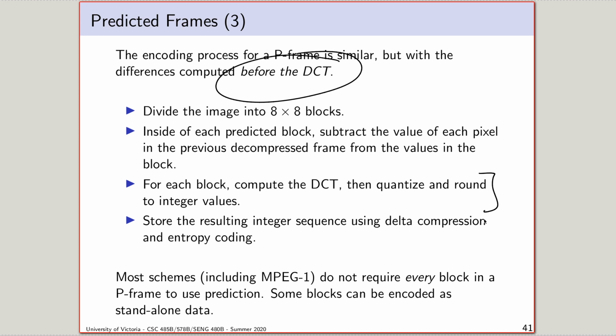And then, just like in the I-frame case, I want to decompress the result. I want to know exactly what frame the decompressor looks at when it's done, so that I, the compressor, am able to better estimate the error the decompressor is working with.